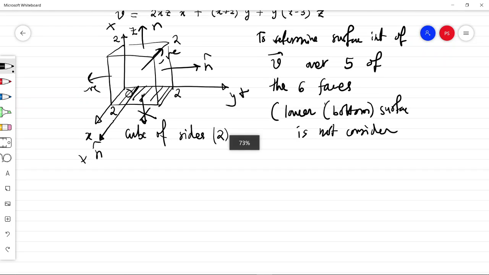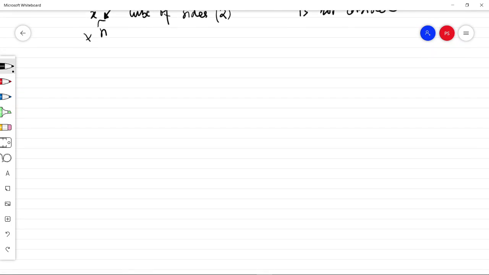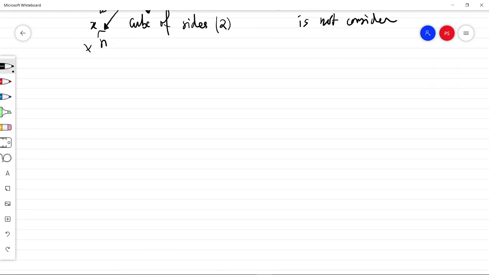So let us consider each of these faces on a case to case basis.